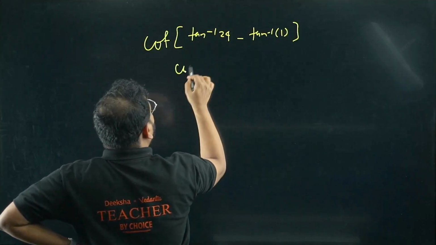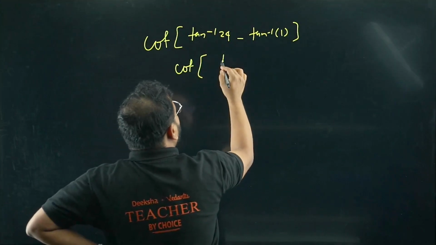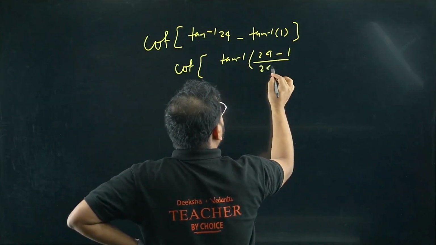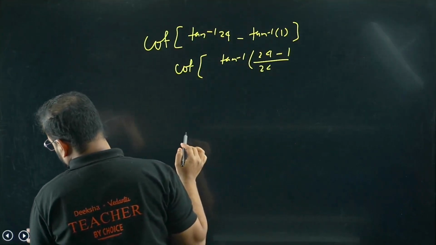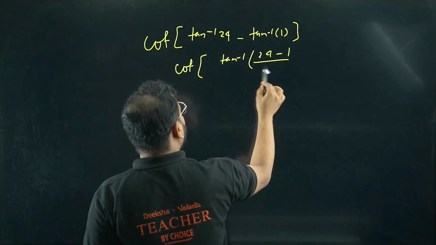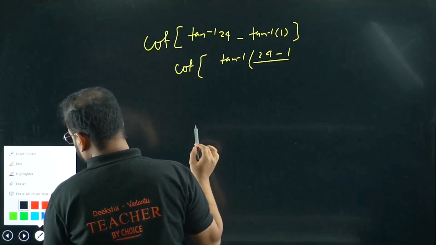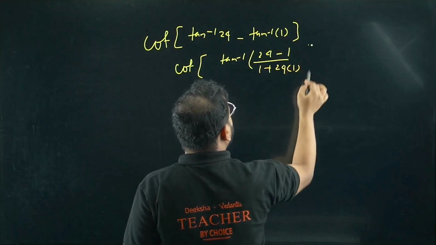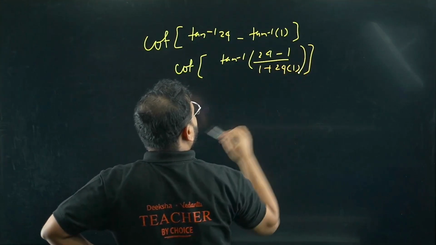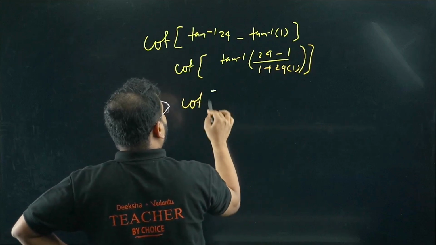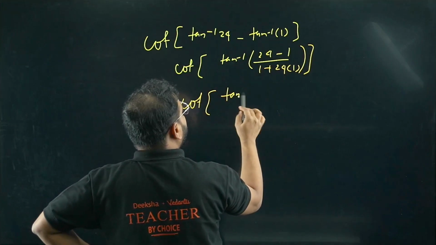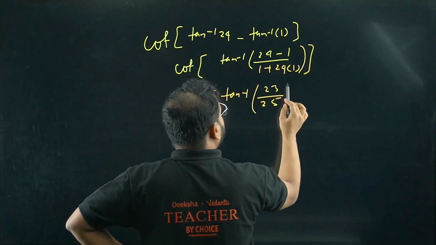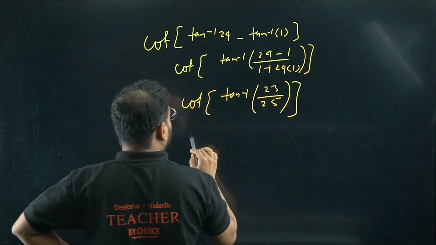Of course. Cot will become, check this out, tan inverse of (24 minus 1) upon (1 plus 24 into 1). What am I getting now? I get cot of tan inverse of 23 by 25. I can again write this in terms of cot inverse.